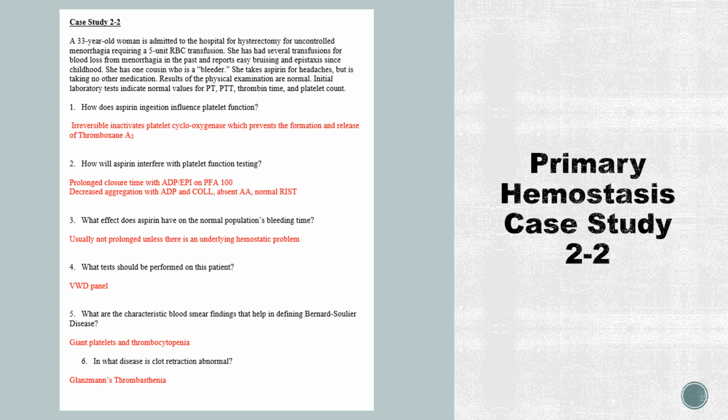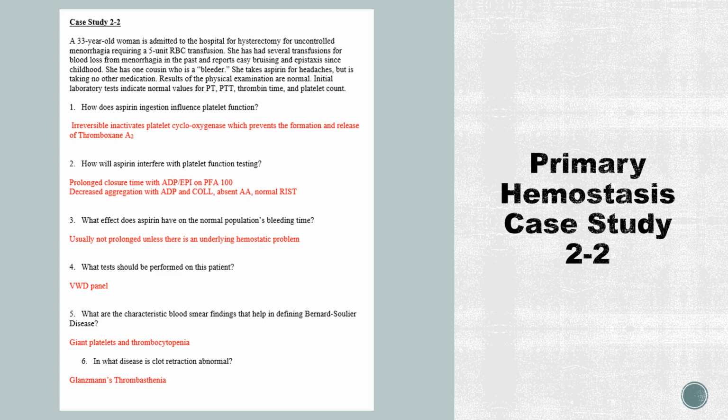So if you think about it, the lifespan of a platelet is only about 8 to 12 days, we have constant turnover of platelets. And so the only platelets that are dysfunctional are the ones that have been exposed to aspirin at some point in their life. Again, it's irreversible, but there are constantly new platelets coming in. As long as you're not taking aspirin every single day in high doses, typically for the normal population, it's not a significant problem.